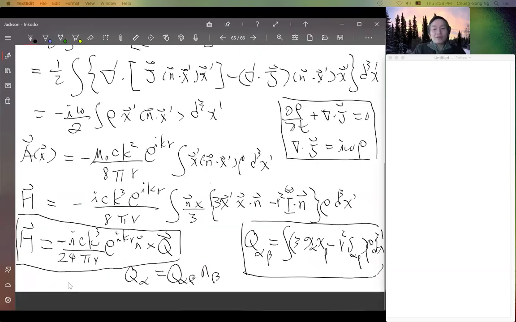The final formula that we have, H has k to the cube power here. And you calculate the electric field, which is just proportional to the curl of H. You also get an extra k to the third power, then you get the Poynting vector. So combining the two, you get k to the sixth power.